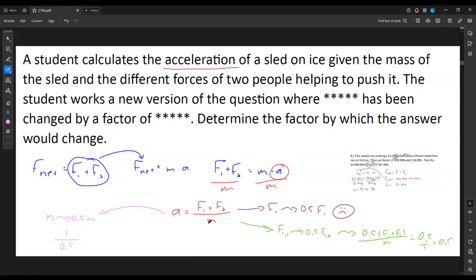And because of the placement, you see the m was on the bottom here, we're looking at the reciprocal of whatever ratio you have. So I've got 0.5, but maybe you have 0.683 or whatever, and it's going to be 1 divided by that, or the reciprocal of it. So for my example, the number I've made up here, this is going to turn into 2.